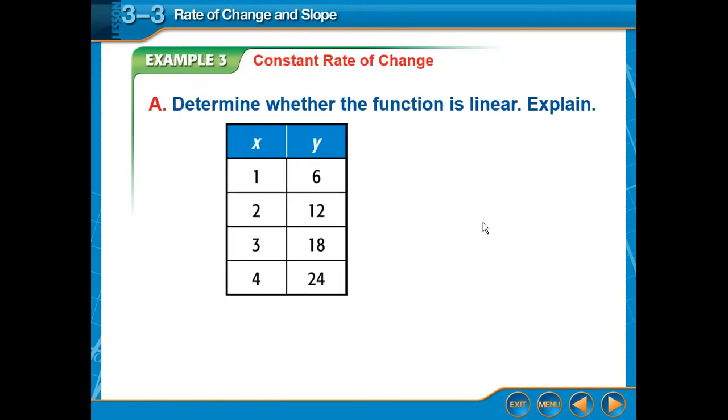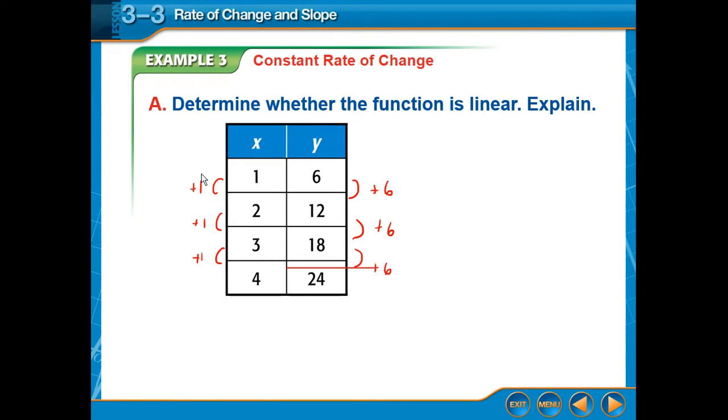All right. So we want to be able to tell whether a function is linear. A function is going to be linear if the rate it's increasing stays the same for each step. So this goes up by 1, this goes up by 1, this goes up by 1. If these are going up the same over here, these need to be going up by the same amount over here. From 6 to 12 goes up by 6, 12 to 18 also goes up by 6, and 18 to 24 also goes up by 6.